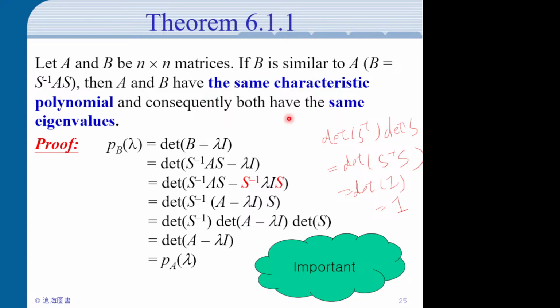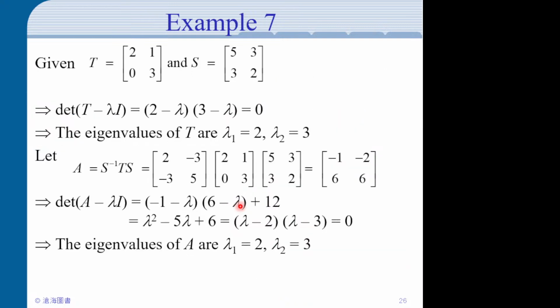What I'm saying is those two matrices have the same determinant, but they can have different null spaces. And anyway, let's see an example.